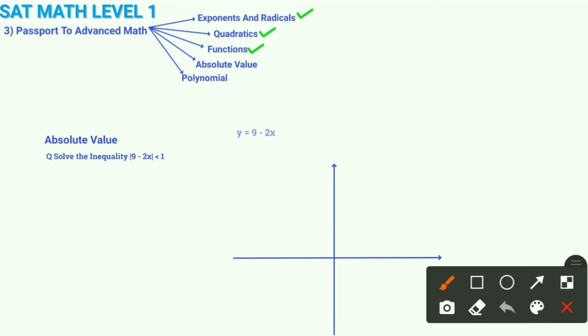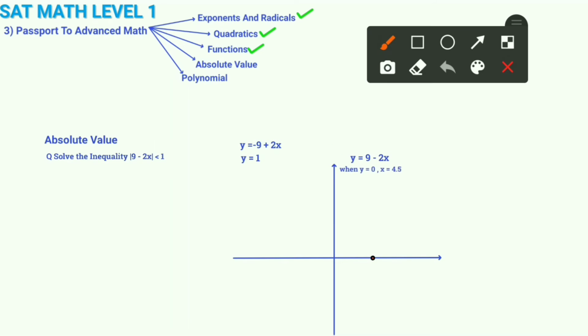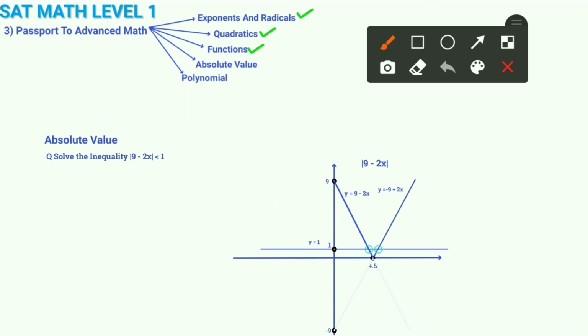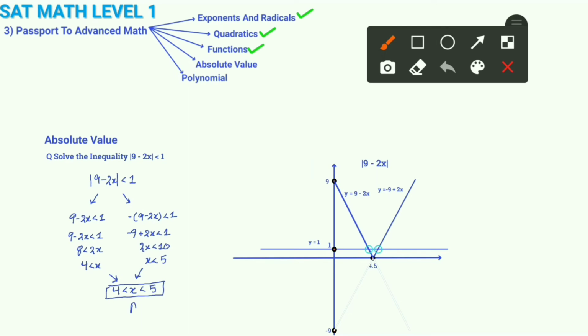Solve the inequality. And there you go, that's how you do it.